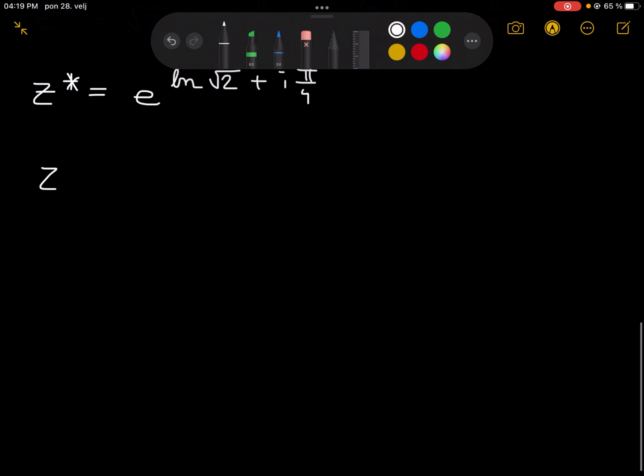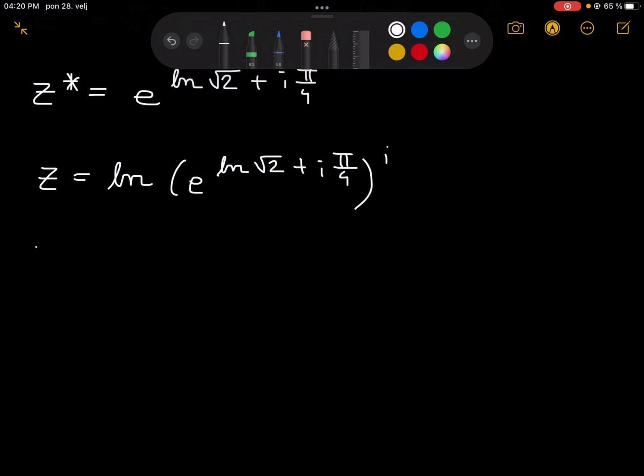So z is equal to the ln of z asterisk, which is exactly the same as e to the power of (ln of the square root of 2 plus i pi over 4), and this quantity goes to the power of i.